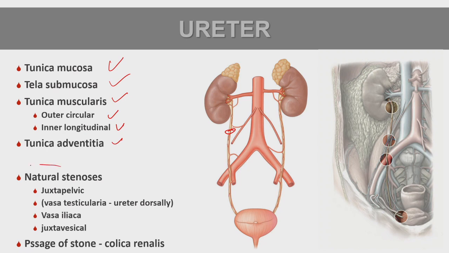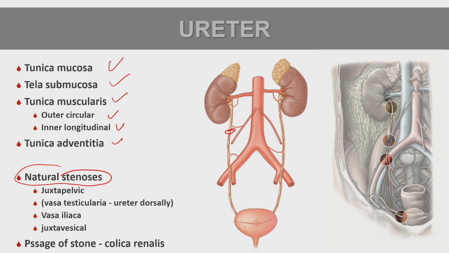Important is that we have some natural stenosis, natural points where we could typically observe a stone, which is retained here in contraction during passage of the stone, and the associated pain, which is very strong and undulating, is called colic, renal colic.